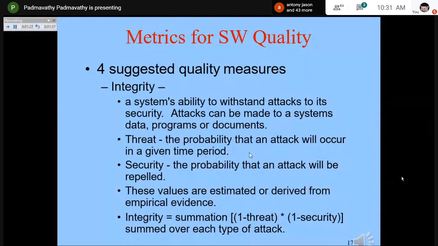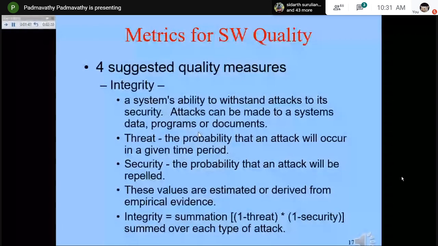So having this in mind in advance, they fix certain access rights to the particular database file. So the quality of the software is measured in terms of integrity. Integrity is how well it is protected from external threats, how well it is developed, including how well the data is saved in a secured manner.